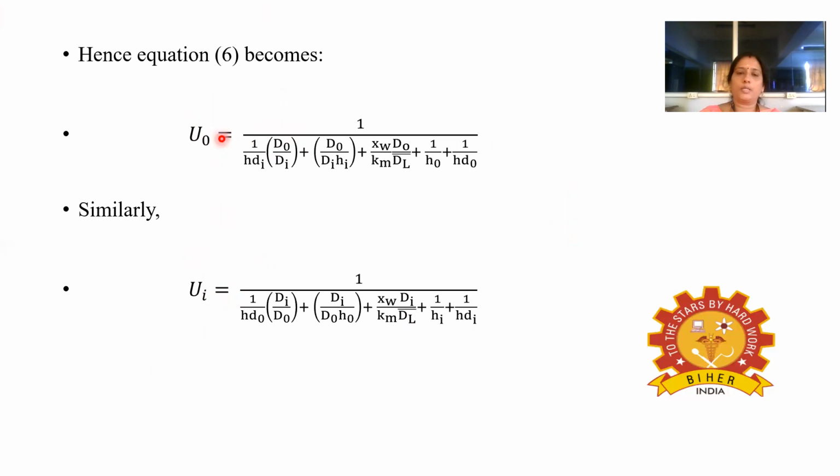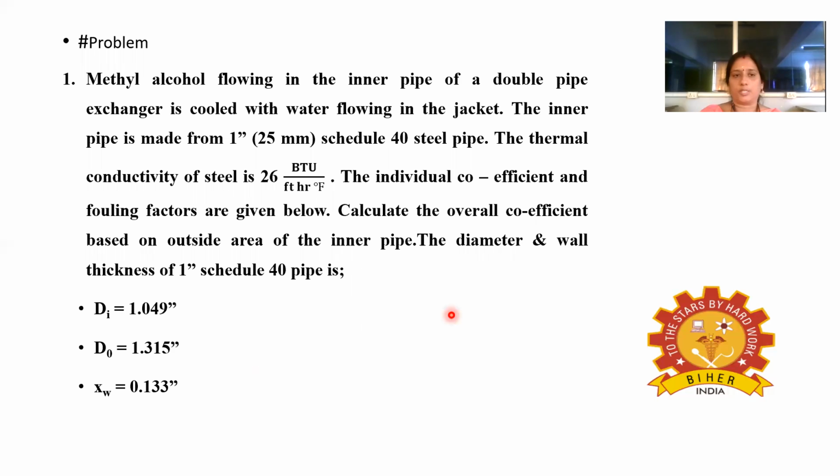So U0 is 1 by hdi d0 by di plus d0 by di hi plus xw by km d0 by dl bar, plus 1 by h0 plus 1 by hd0. Similarly for the inside area, the coefficient is Ui, and the formula is 1 by hd0 di by d0 plus di by d0 h0 plus xw by km di by dl bar plus 1 by hi plus hdi. So this is the derivation of the overall heat transfer coefficient.